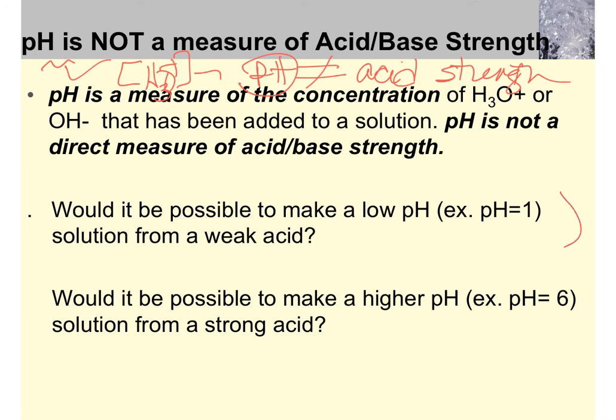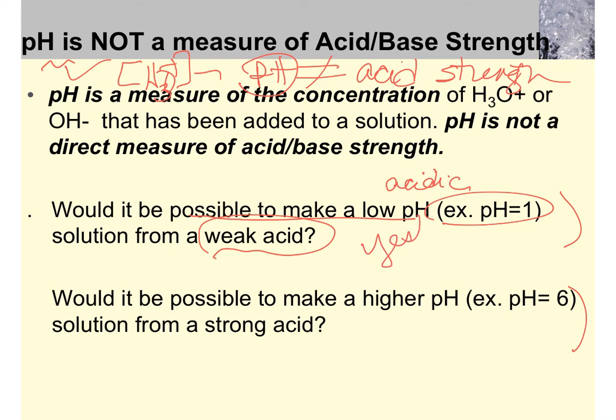Kind of some food for thought here. Would you be able to answer these questions and explain them? Would it be possible to make an acidic, low pH solution, so let's say pH of 1, that's our stomach acid, from a weak acid? Or do you need a strong acid to do that? And why? Could you explain that? You should be able to. It turns out that yes.